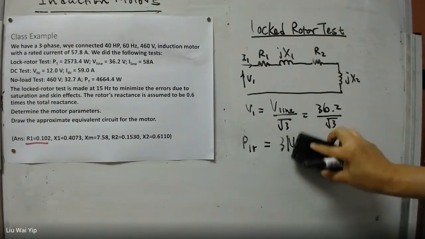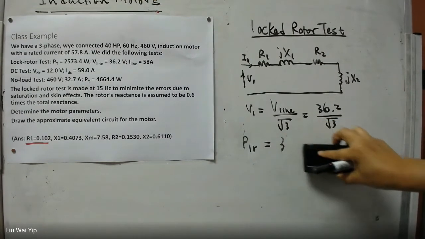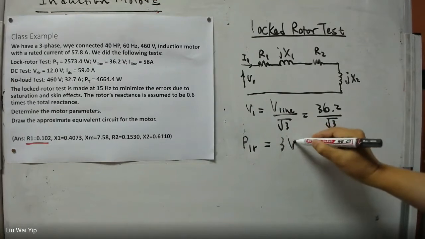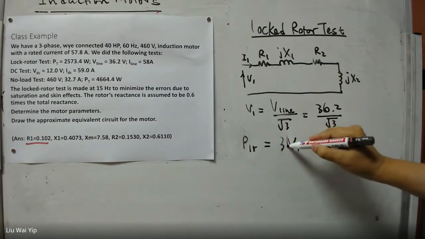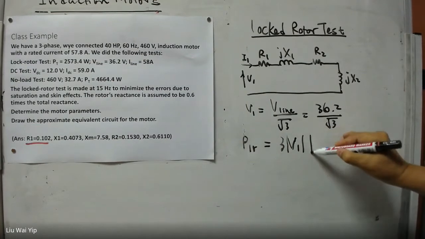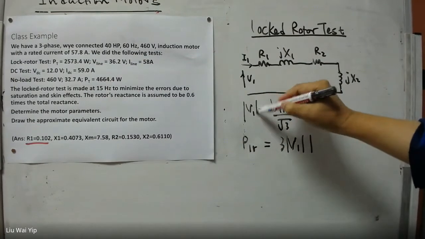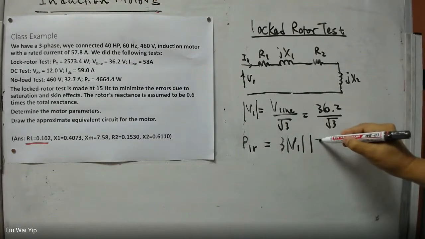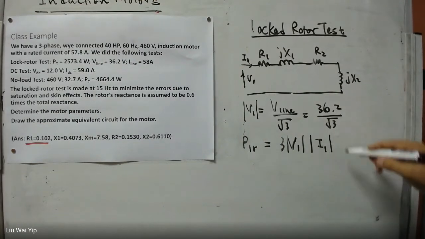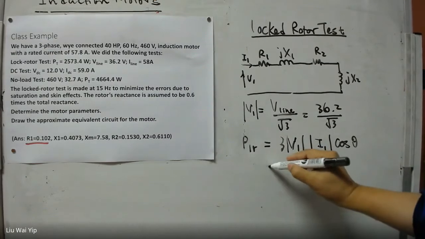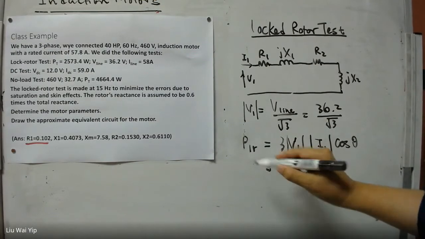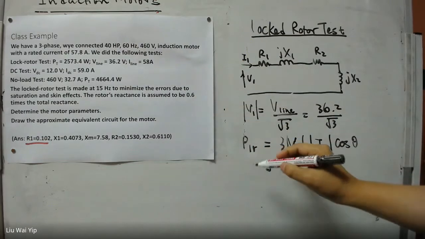Yeah, this is the magnitude, so we don't need to do anything. By the way, this is the magnitude, right? And then cos beta.